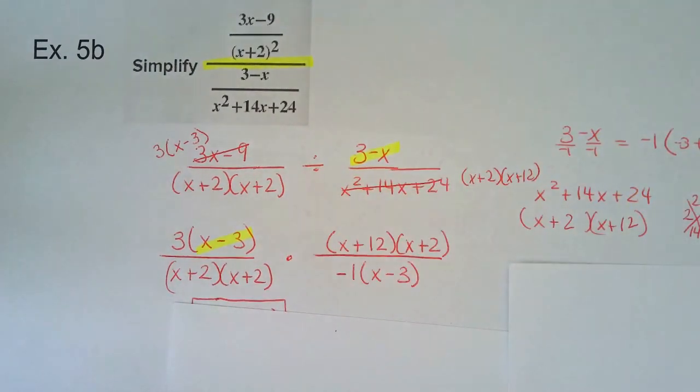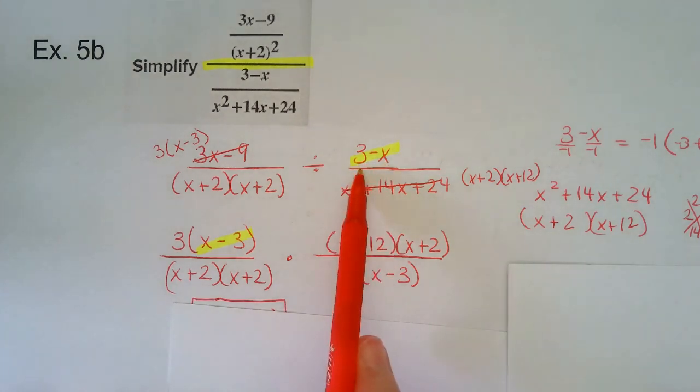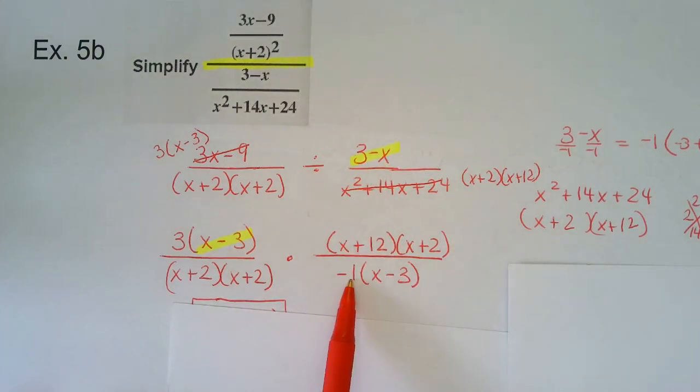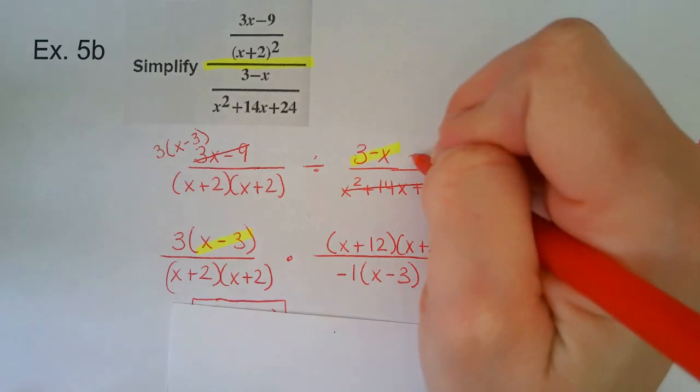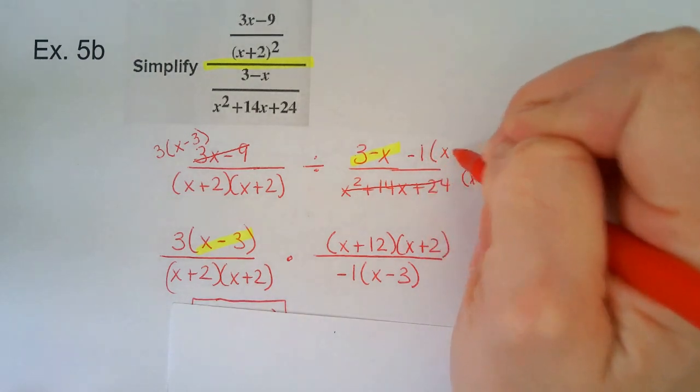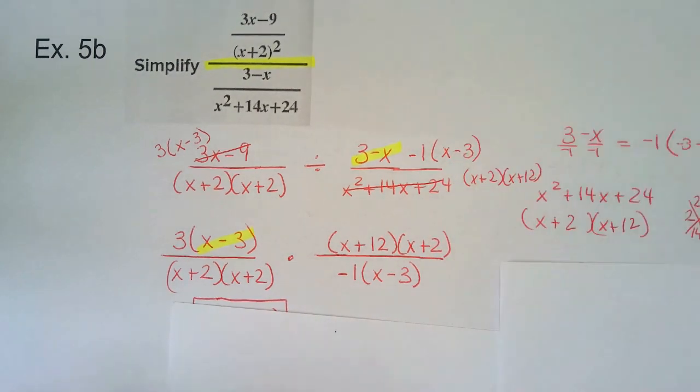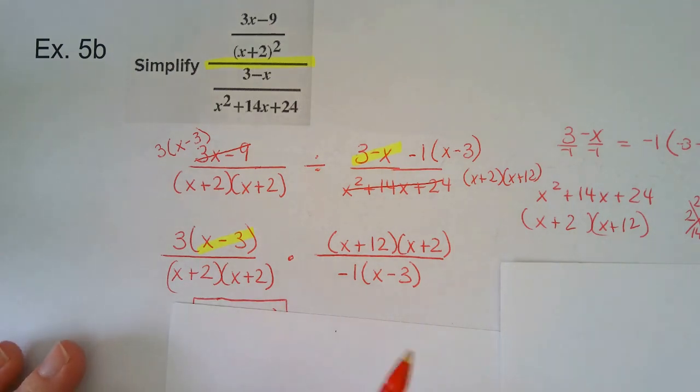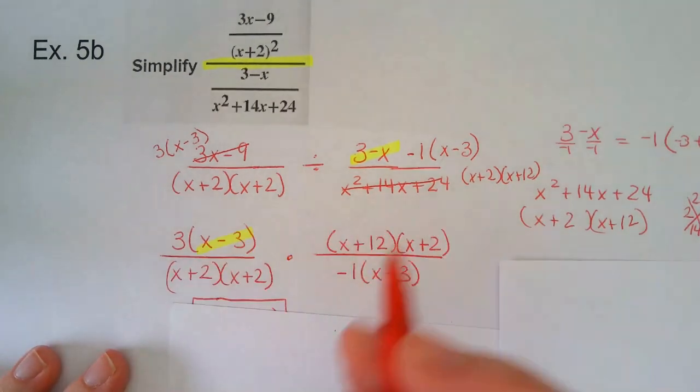So that x minus 3 and that 3 minus x, those are going to end up being the same after you multiply by -1. So that's where this -1 came from. Okay, so I did -1 right here, and then I had positive x and -3 when I did that. So I did a couple steps at the same time just because, again, these problems are so lengthy. So I was trying to shorten the steps a little bit.